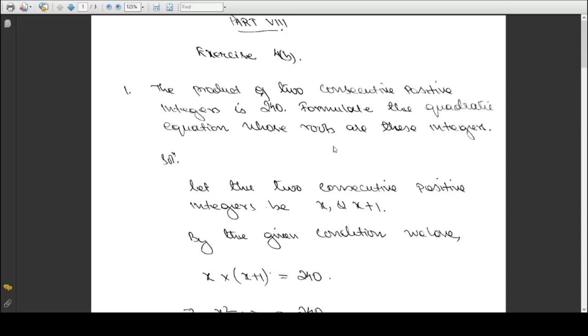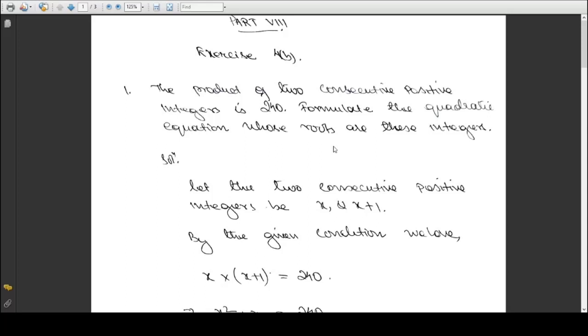That is, starting from 0, 1, 2, 3, 4, 5, that is natural numbers, and then on the left side of 0 there is -1, -2, -3, -4, and so on. Those are the set of integers. But here the problem says that it is positive integers. That means starting from 1, 2, 3, 4, 5, 6, 7, 8, 9, 10 like that.